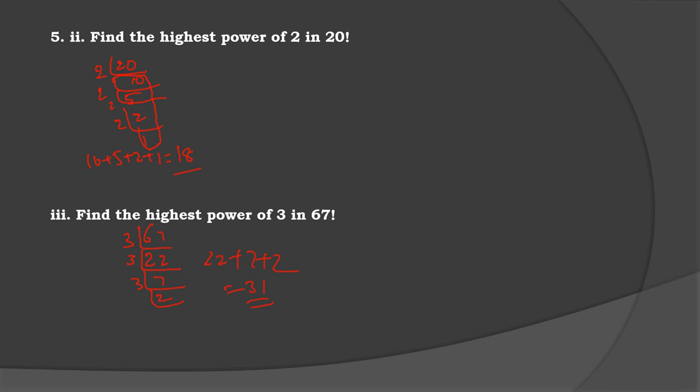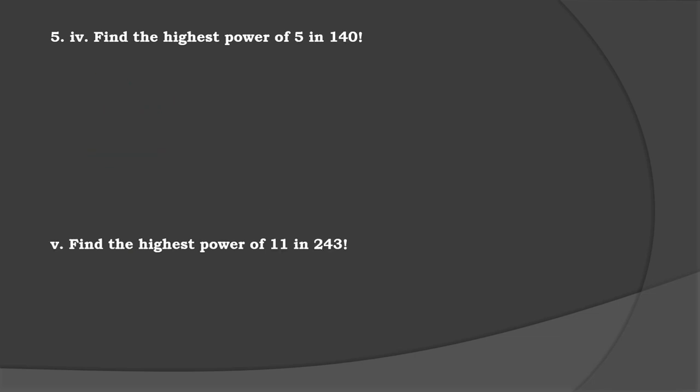Okay, now the next question. Try to solve it. Find the highest power of 5 in 140 factorial. Same thing, right? Finding the number of zeros is the same as finding the highest power of 5 in some factorial. The process is the same: successive divisibility with 5. Take 140, then successive divisibility with 5.